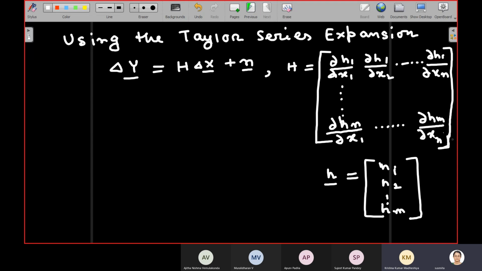So this is capital H. Capital H is called the Jacobian of h. So with the help of the Taylor series expansion, we got a linearized model of the nonlinear measurement equations. And we are actually interested in finding delta x.